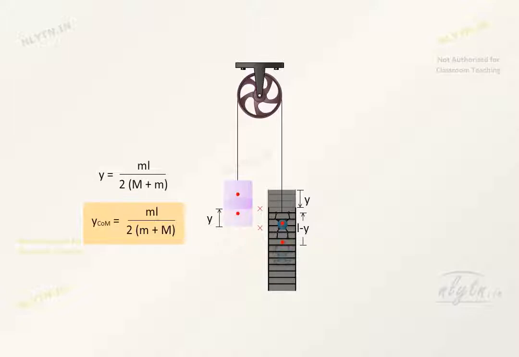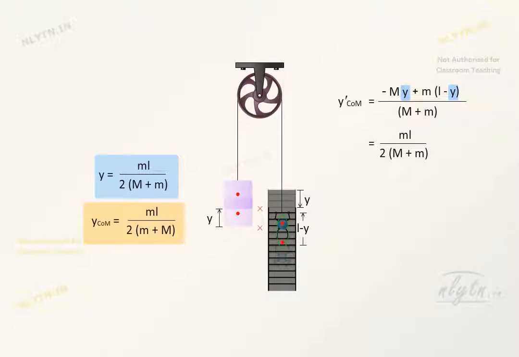Displacement of center of mass of this system will be equal to minus my plus m into L minus y upon the total mass of this system. Using this value of y, we can see that indeed the displacement of center of mass of this system is also equal to y.